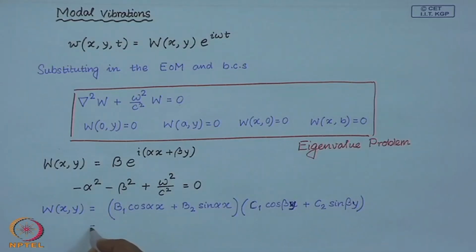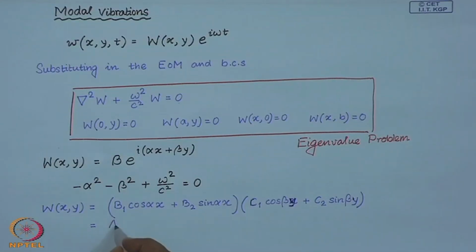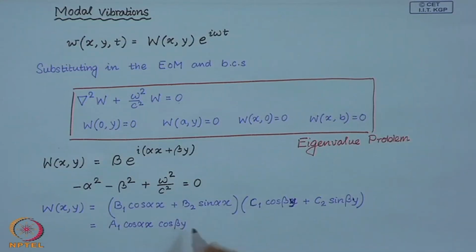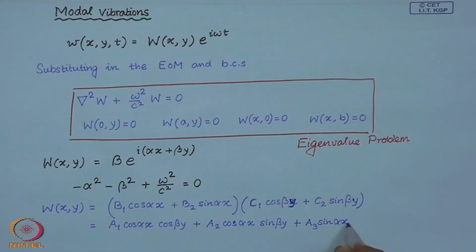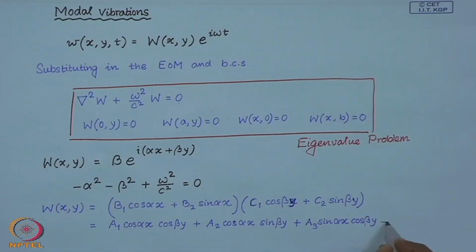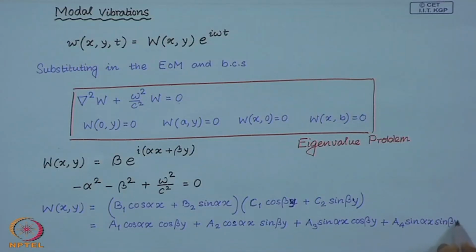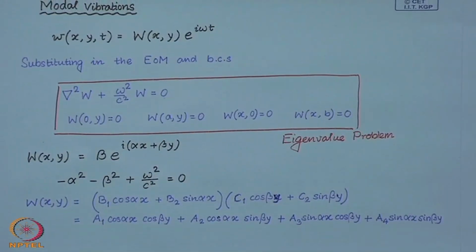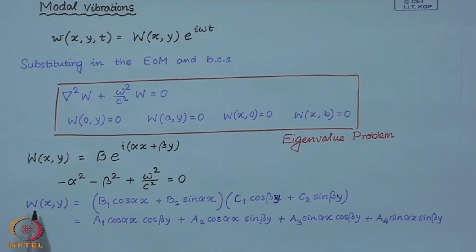Okay, so, this may be simplified and written out, so I am multiplying out and redefining these products as A1, A2, etc. So, we have this as the general solution of the spatial function W of x comma y.